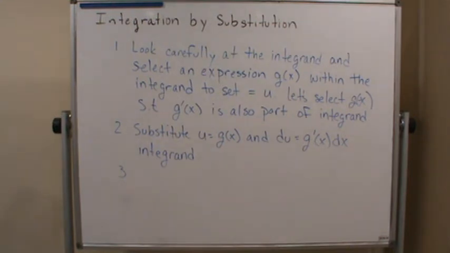Now if the integral can't be evaluated, we need to go back and select a different expression for u. So if it doesn't give us something that we can integrate, then we have to go back and see about doing possibly a different u substitution.